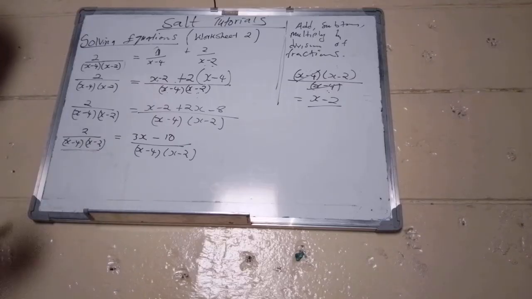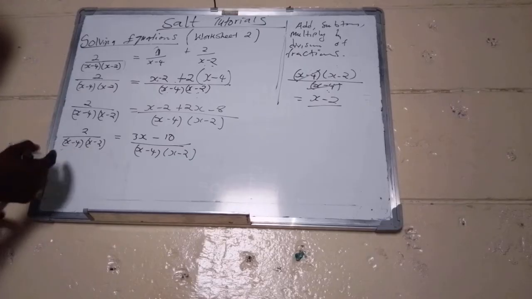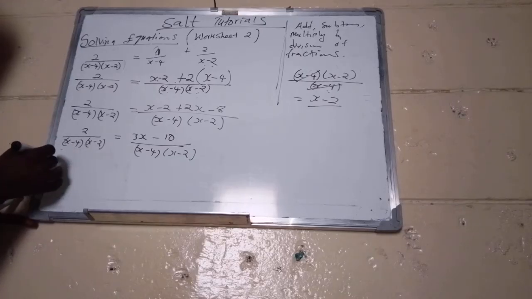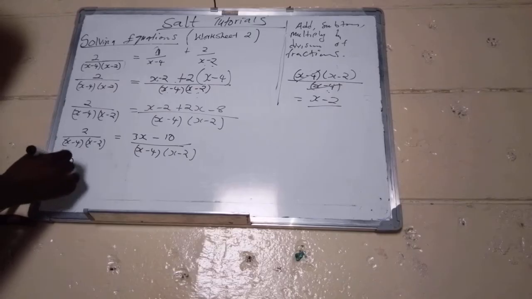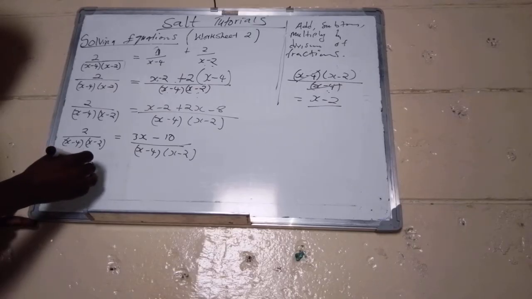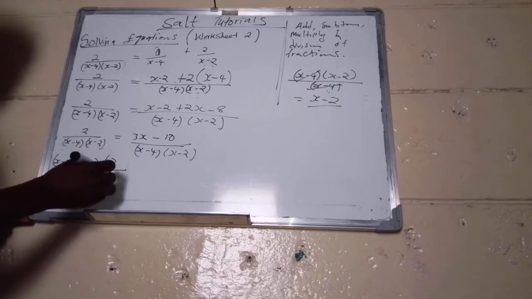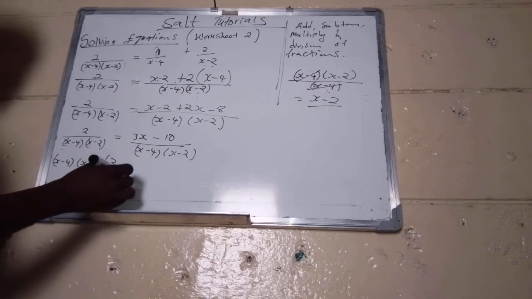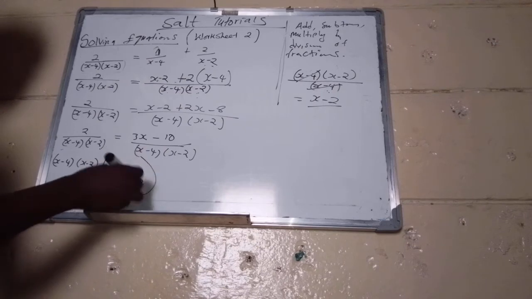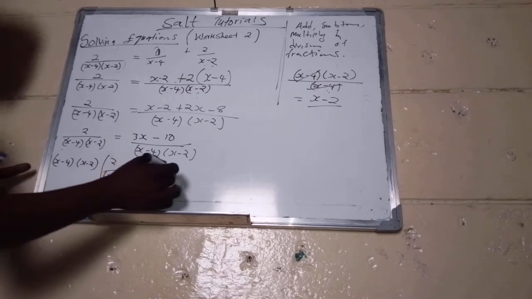So if I multiply my left hand side, I say x minus 4, x minus 2, multiplied by 2 over x minus 4, x minus 2. This is my left hand side. The same is happening on my right hand side.